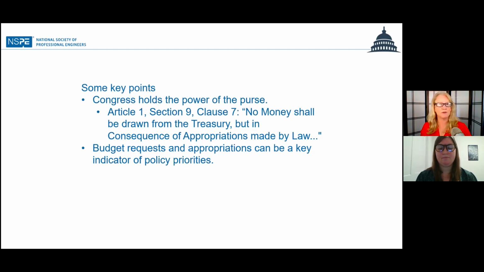But the way that members of Congress talk about appropriations, the way they talk about how they want money to be spent or what departments they want to spend money in, also tells us a lot about the priorities of those specific members. So when we're listening to appropriations hearings, that's something that we're paying attention to, how supportive members of Congress are about certain funding initiatives.